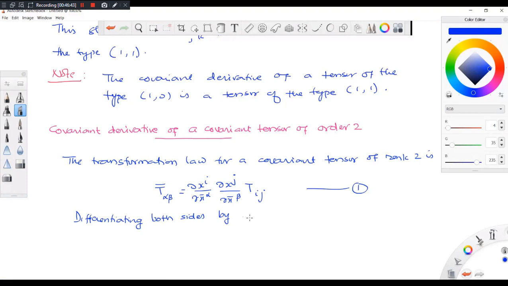Here it will be a little more lengthy because 3 terms are there. So in the differentiation you will get 3 terms.